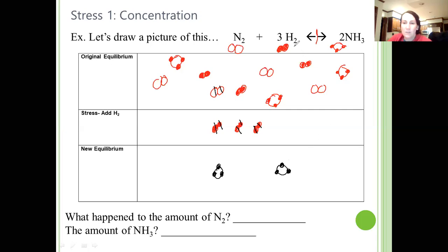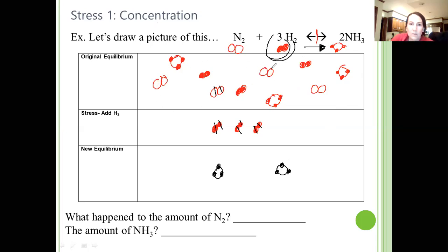So let's just recap. My reaction felt like there was too much H2. So it needed to shift in a way to use it up. The way it uses it up is if these 2 react together to make more NH3. So let's just draw the remaining pieces.